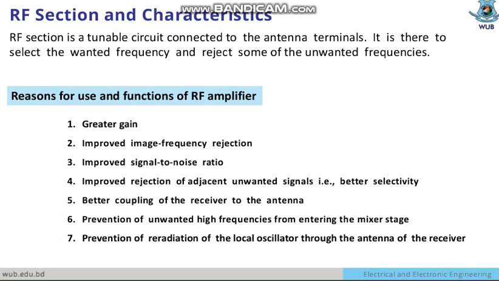The reasons behind the functions of the RF amplifier are greater gain, improved image frequency rejection, improved signal to noise ratio, improved rejection of adjacent unwanted signals, that is better selectivity, better coupling of the receiver to the antenna, prevention of unwanted high frequencies from entering the mixer stage, and prevention of re-radiation of the local oscillator through the antenna of the receiver.